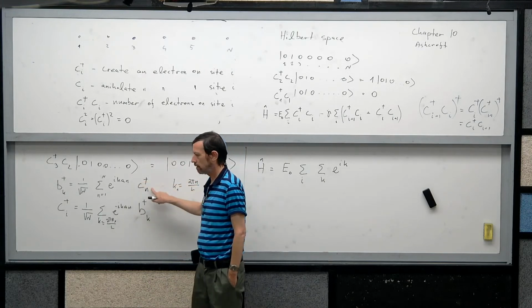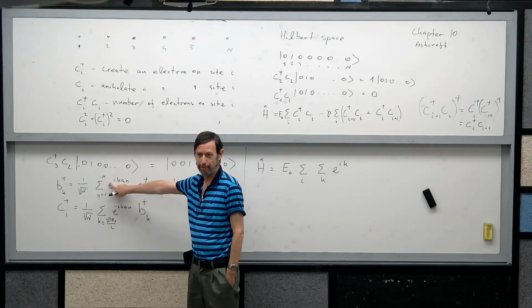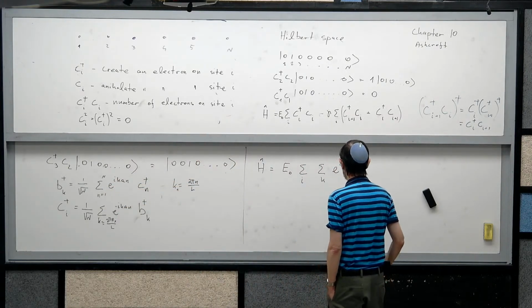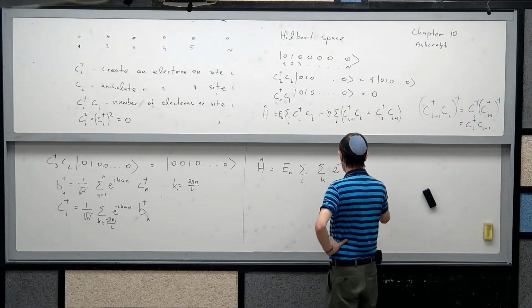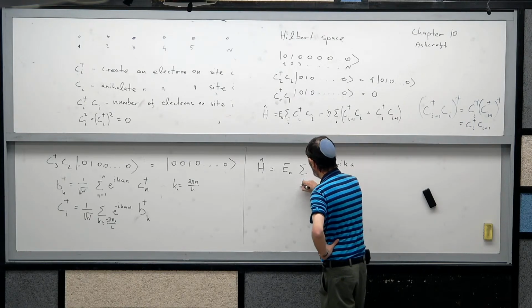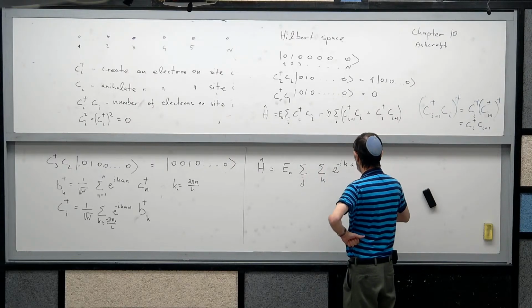I just changed from I to N, not to confuse it with the imaginary number I here, and I'll use J to avoid confusion with I again.